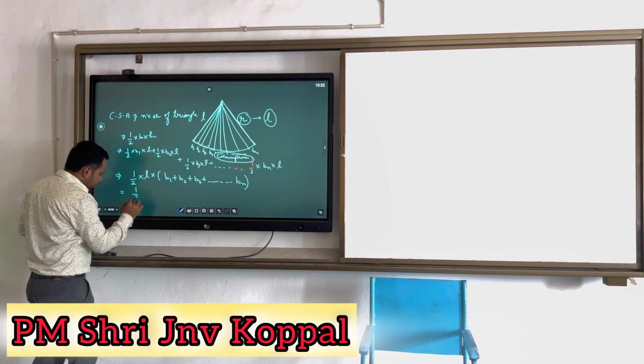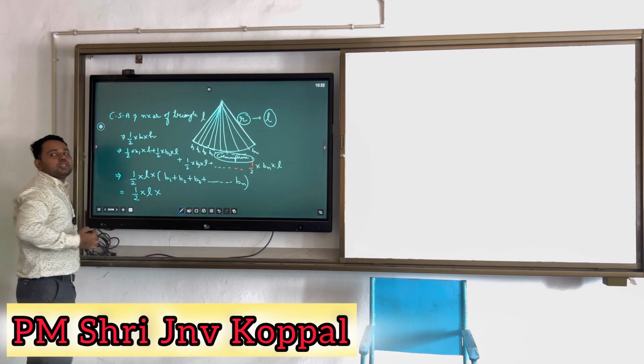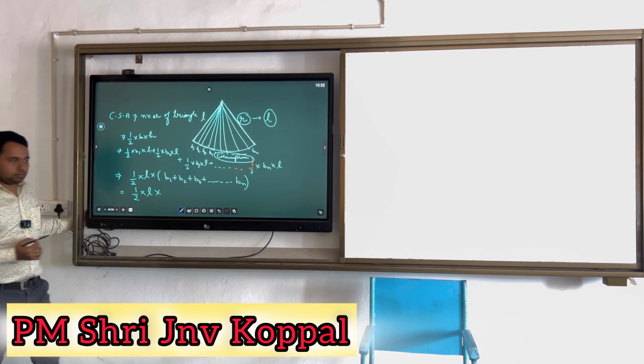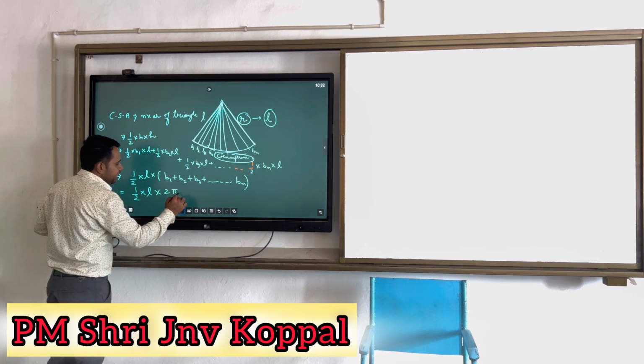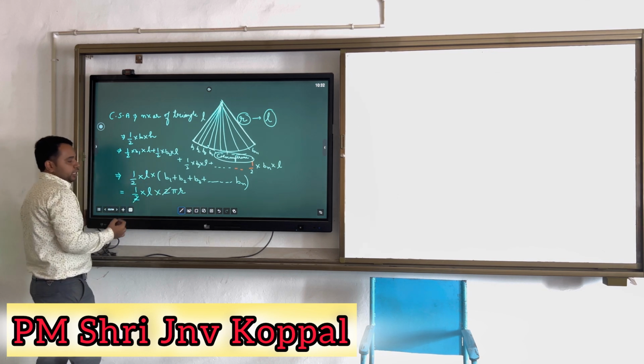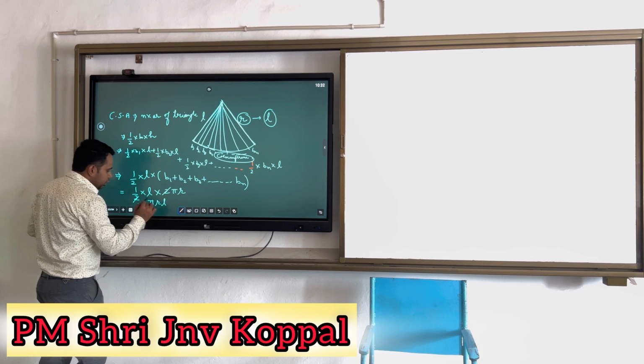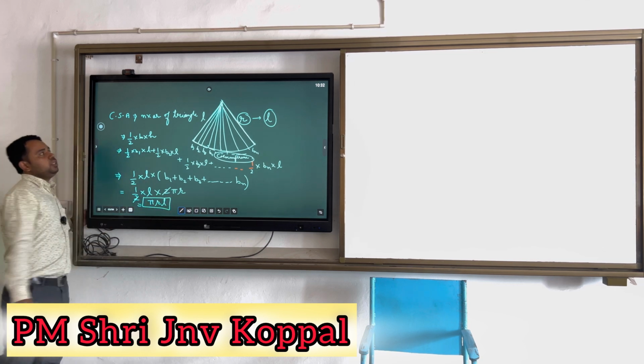So half into L into the circumference. The circumference formula is 2 pi r. Can I cut 2 and 2? What will remain? L into pi r. So I can write pi r L. This is the CSA of a cone.